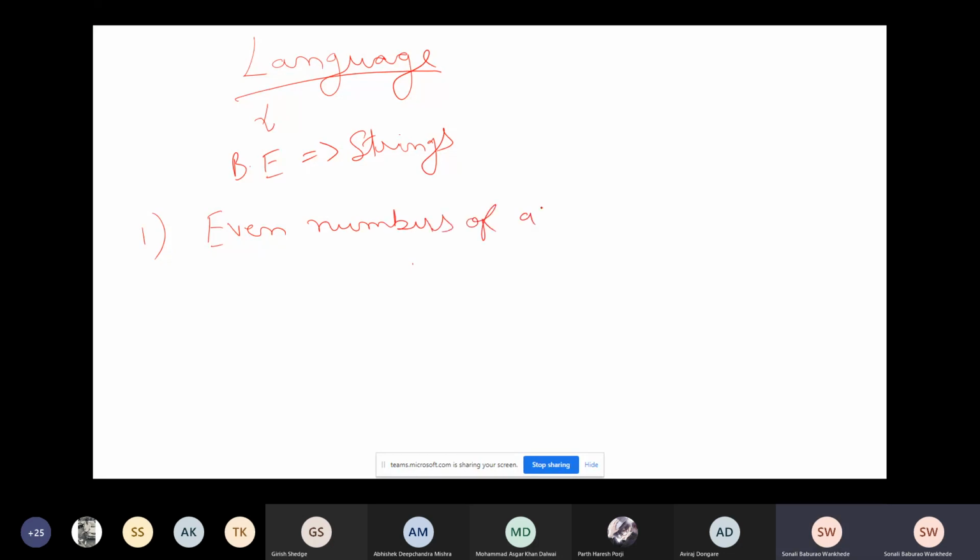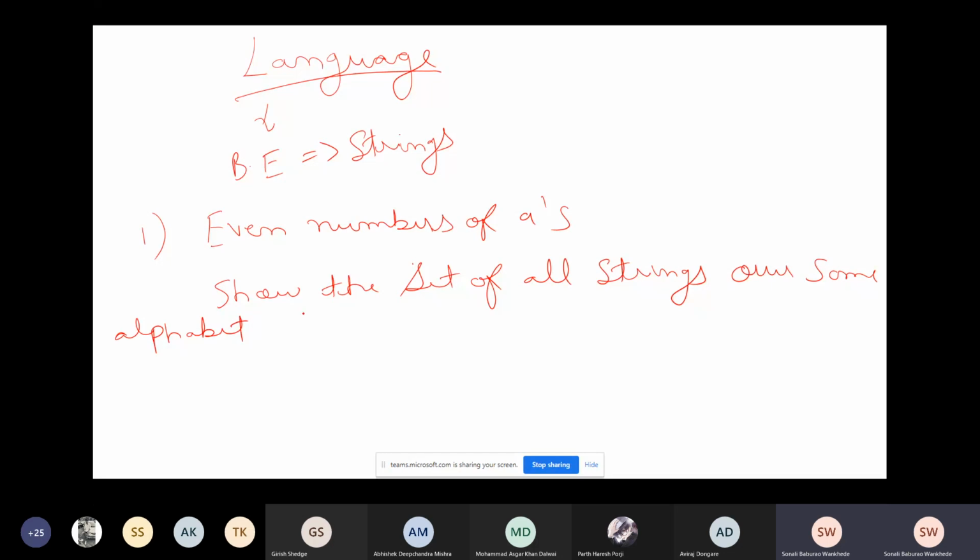The question is: show the set of all strings over some alphabet sigma with an even number of A's.